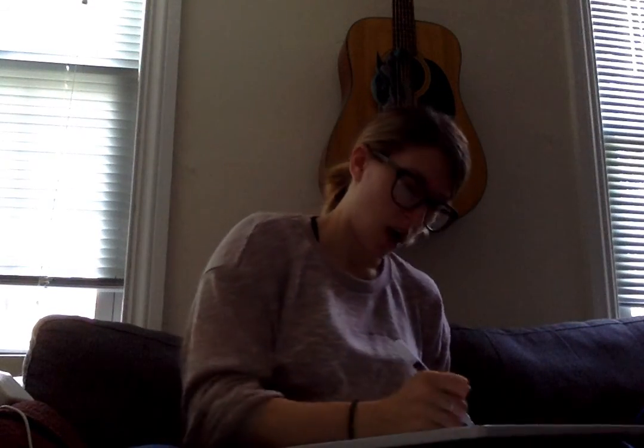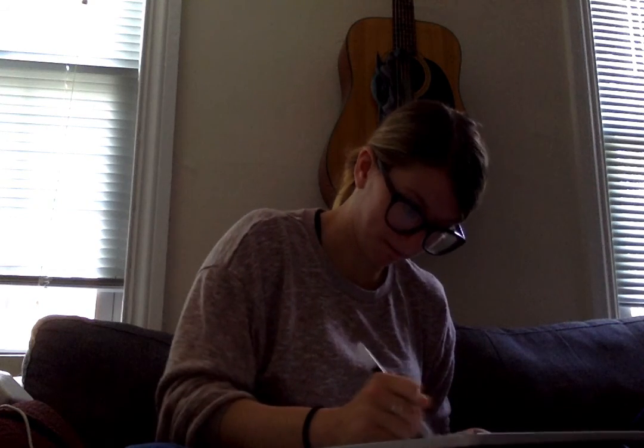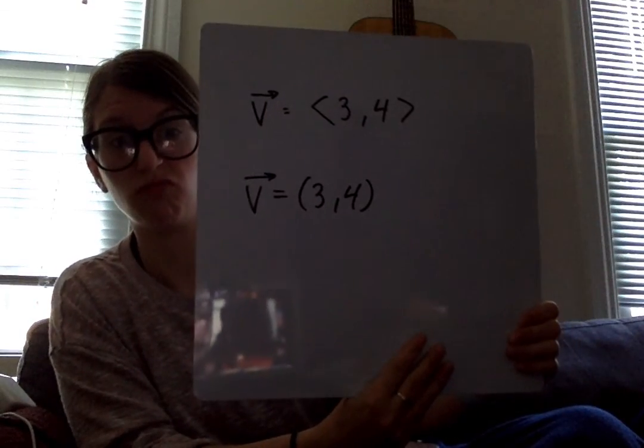Another way to do it is you could say vector (3, 4). You could just use normal parentheses. That's fine. You may also see it if you ever take linear algebra.